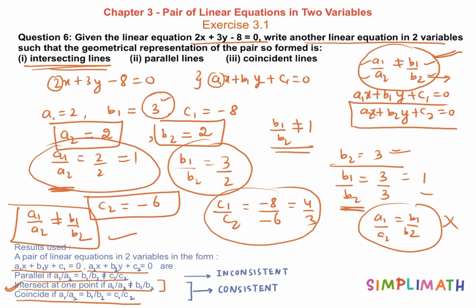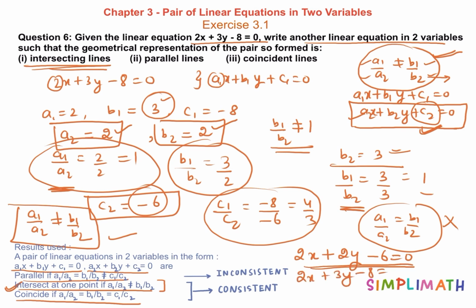If we put the values of a2, b2 and c2 over here, we get the required linear equation. a2 is 2, so we get 2x plus 2y minus 6 equal to 0. So this is the linear equation, and the given linear equation was this. So this pair of linear equations are intersecting lines.